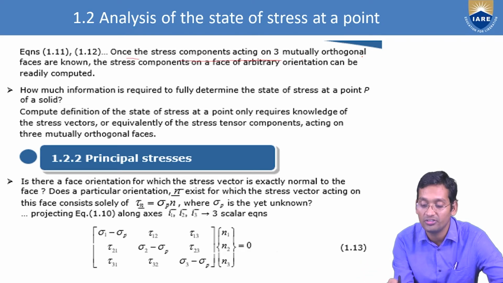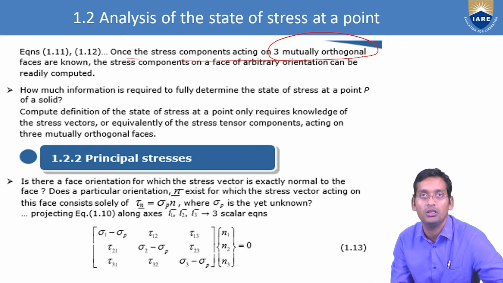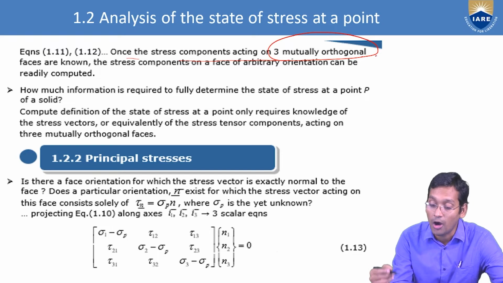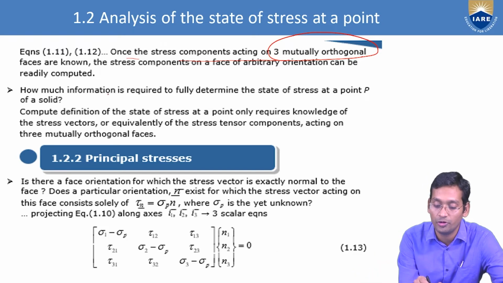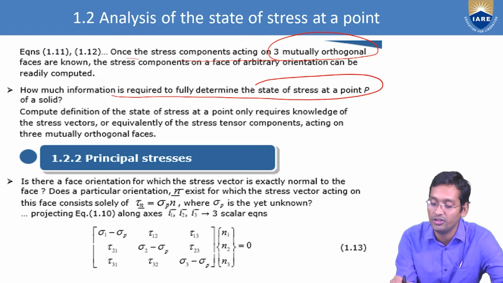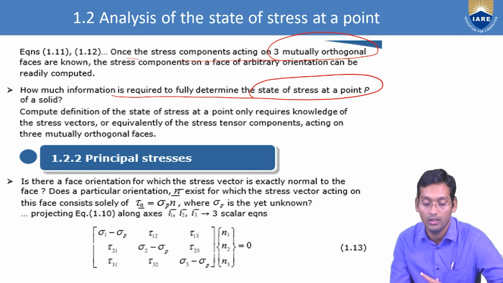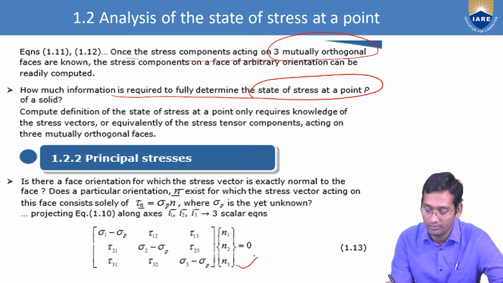Once the forces are acting on these three mutually perpendicular or mutually orthogonal faces, then we can calculate all the stress components easily. So now depending upon how much information we require, let's see how much information is required to fully determine the state of stress at a point P of a solid. How? By this we can say.